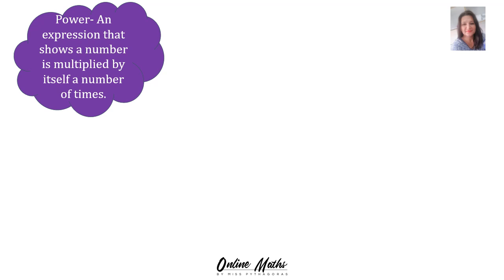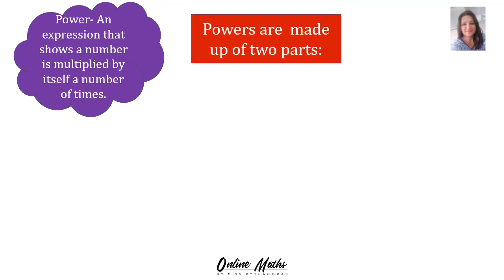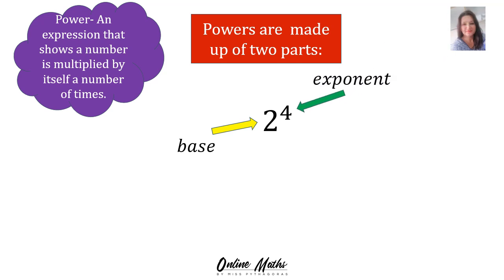A power is an expression that shows a number is multiplied by itself a number of times. Powers are made up of two parts. When I give you that, the 2 is called the base and the 4 is called the exponent.